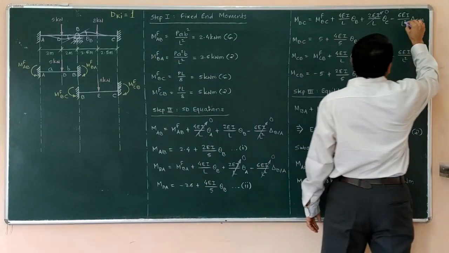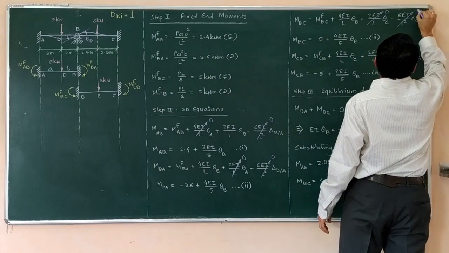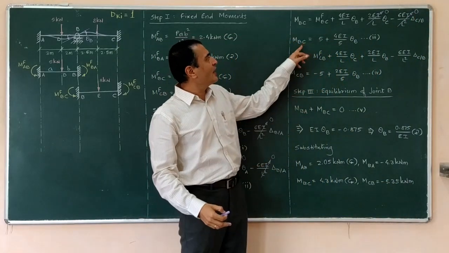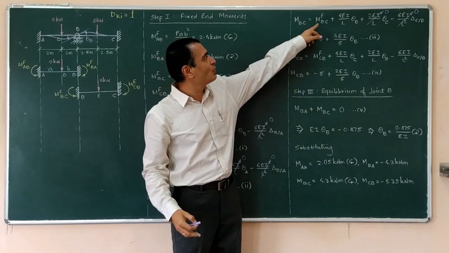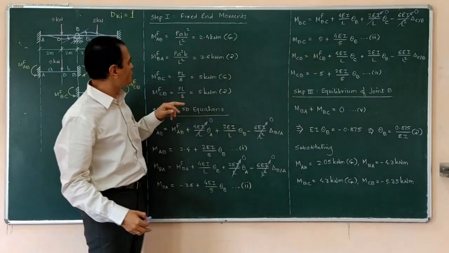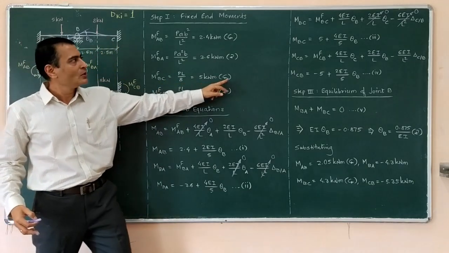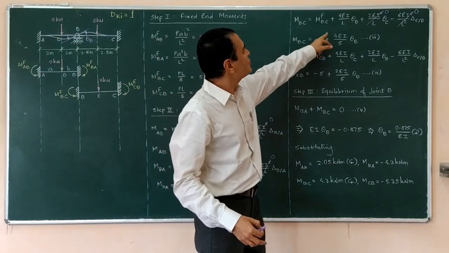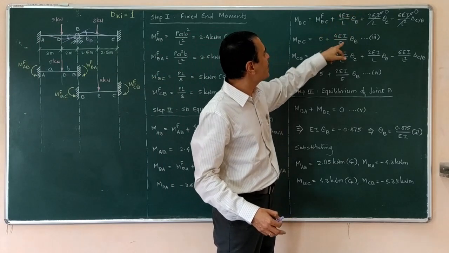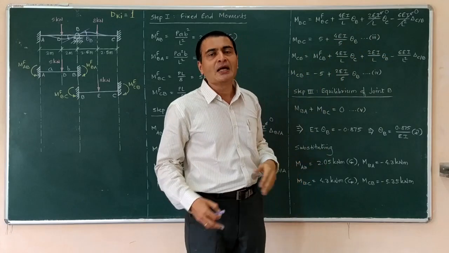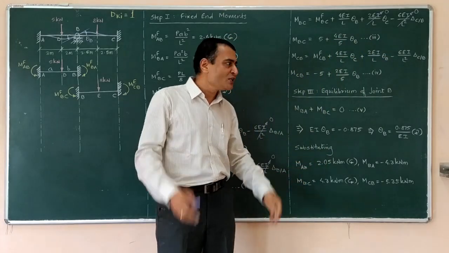For that matter, sinking of support is not given, so that even the last term is 0. So I am getting end moment MBC is equal to fixed end moment. This I am substituting from here, anti-clockwise 5. So that is what I have written, plus this term as it is 4EI upon L, that is 5 theta B, equation number 3.